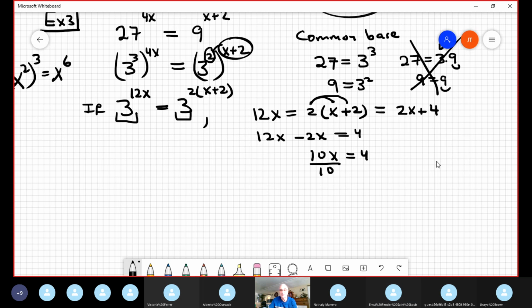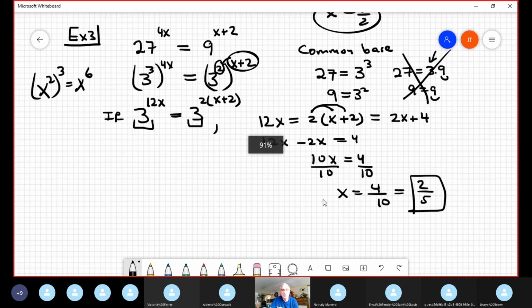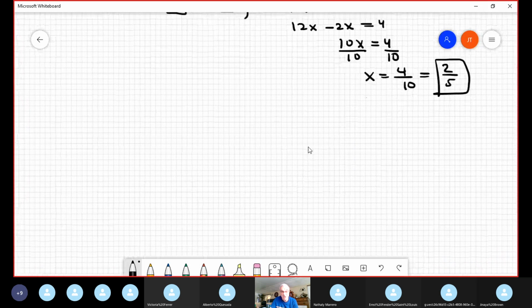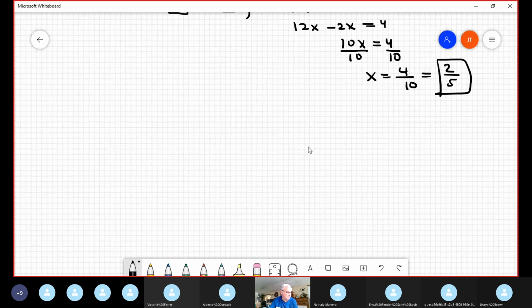Divided by 10 on both sides. x is equal to 4 over 10. When you reduce to lower terms, divided by 2, the answer is 2 over 5. Excellent. Very well. This is an exponential equation. I promise that in the next class we study more complicated exponential equations.